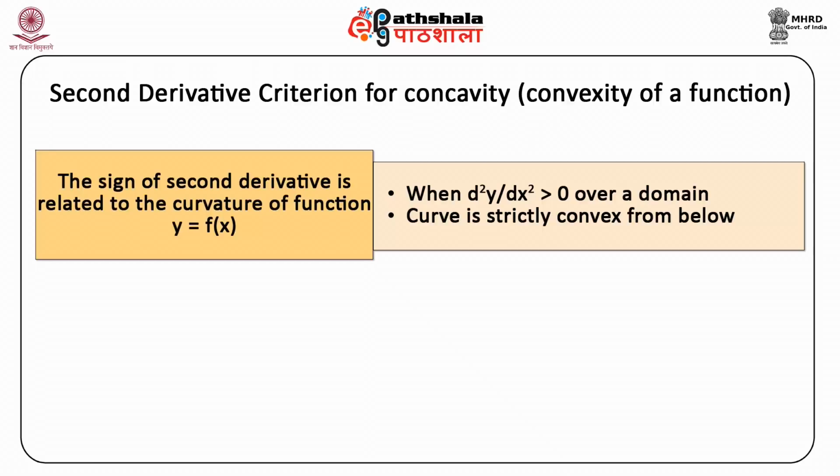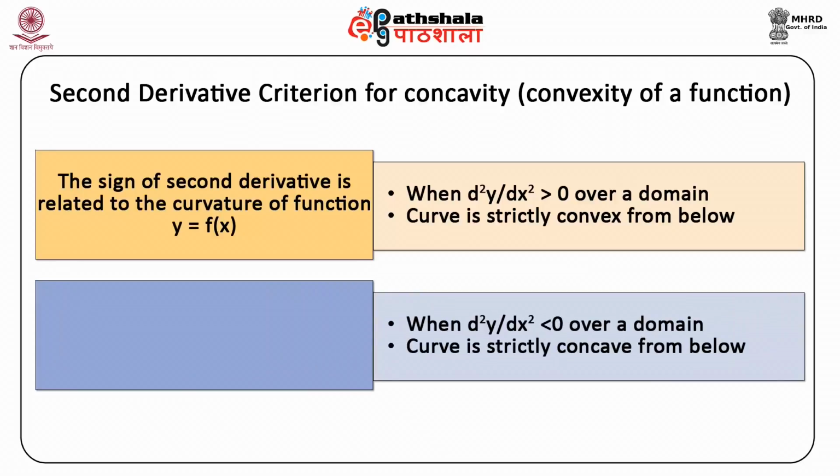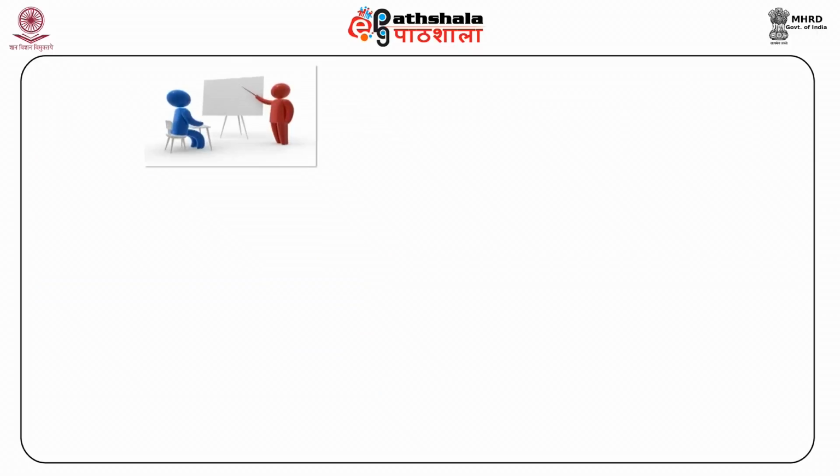When d square y upon dx square is greater than 0 over a domain or its subset, the curve is strictly convex from below, and when d square y upon dx square is less than 0, the curve is strictly concave from below.